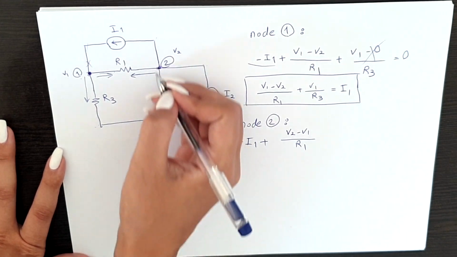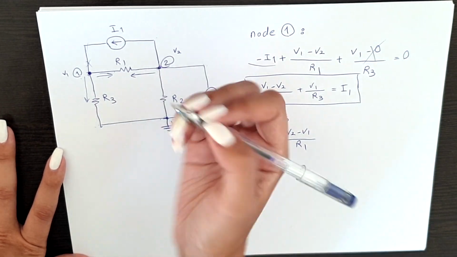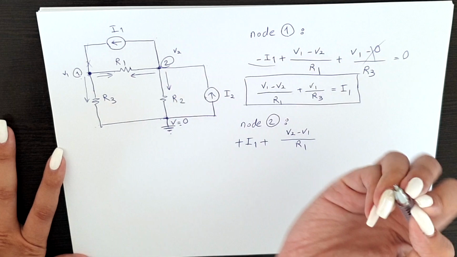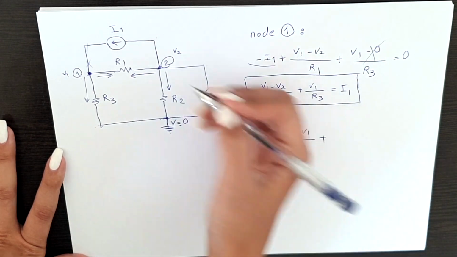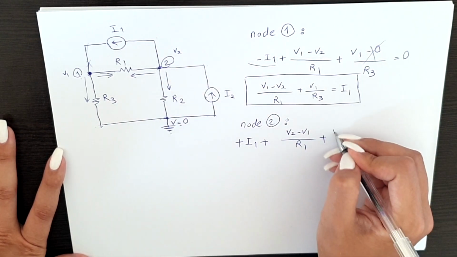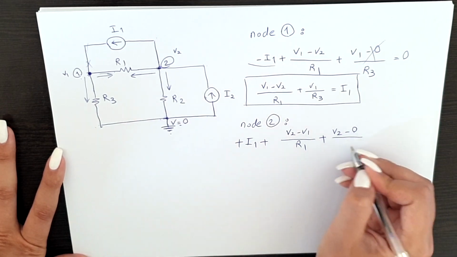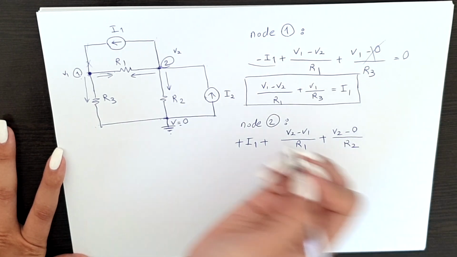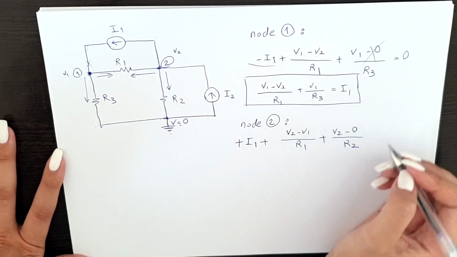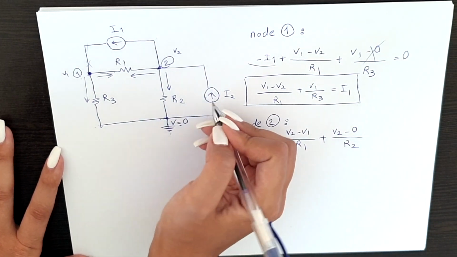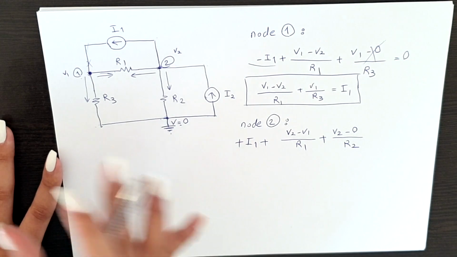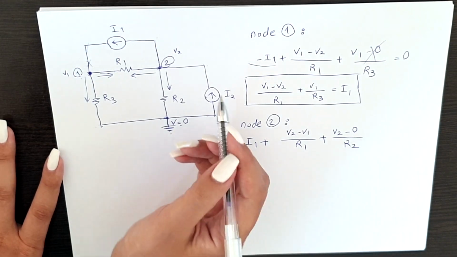Here, third branch. What do we write? Again, we consider the direction of our current this way. So we can write V2 minus 0, because we said the voltage in here is 0, over R2. We have a fourth branch. In our fourth branch, we have a current, so we don't need to deal with voltages and resistances.